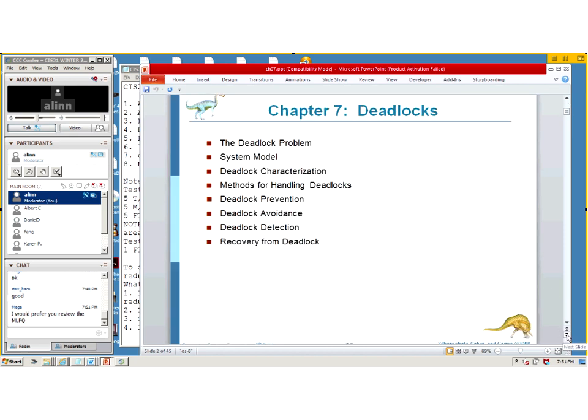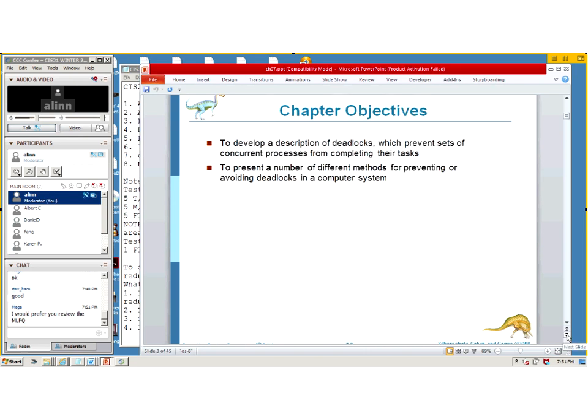So let's take a look at it. The deadlock problem. We'll look at the system model. It's a set of events which prevent a set of concurrent processes from completing their tasks.